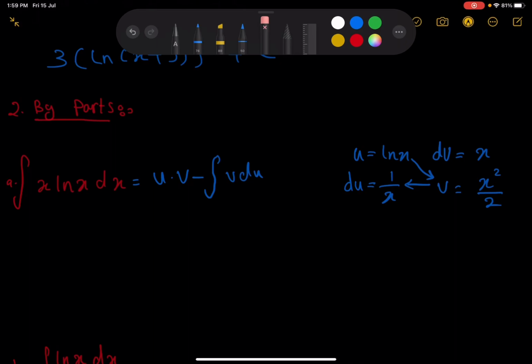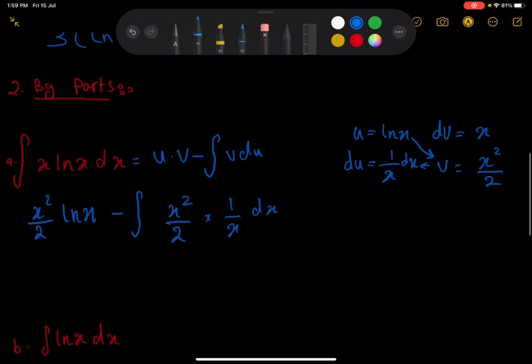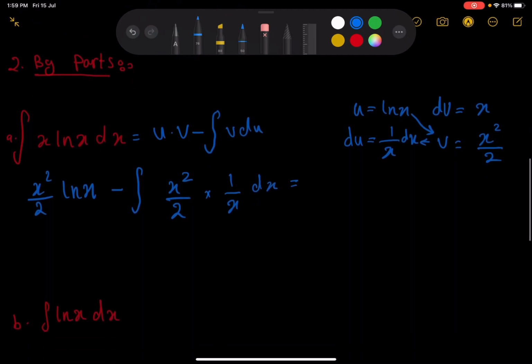I'm gonna have x power 2 over 2 ln x minus integration of, and here dx. Don't forget the dx. So here I'm gonna have x power 2 over 2 times 1 over x dx. As you can see here, this x will go with one of those.